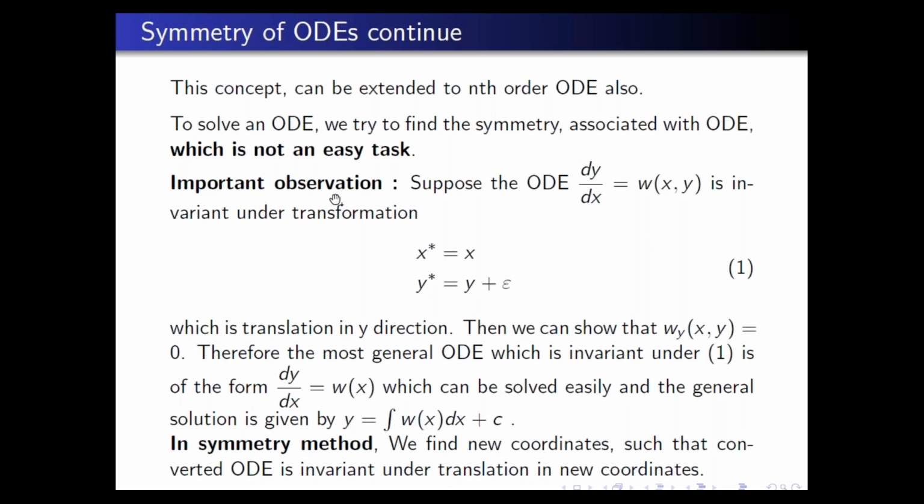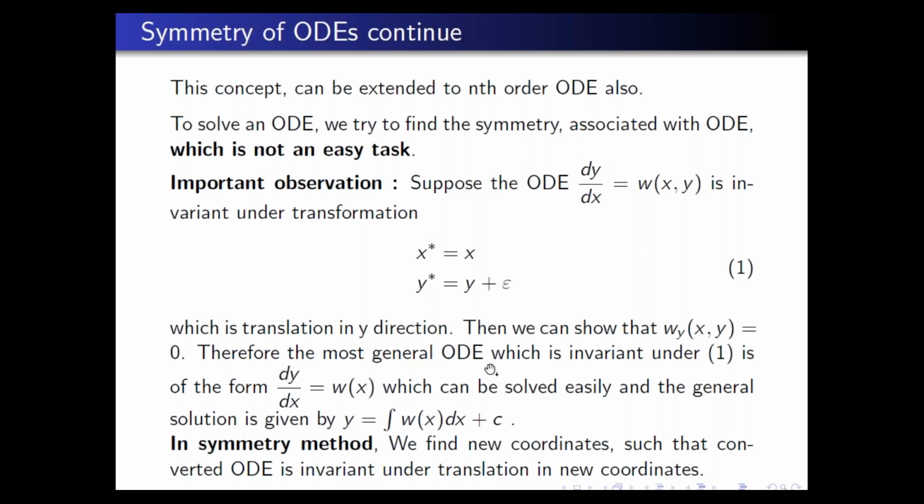Now let us see an important observation. Suppose the ODE dy by dx is equal to w(x, y) is invariant under the transformation x star is equal to x, y star is equal to y plus epsilon, which is translation in y direction. Then we can show that the partial derivative of w with respect to y is equal to 0.